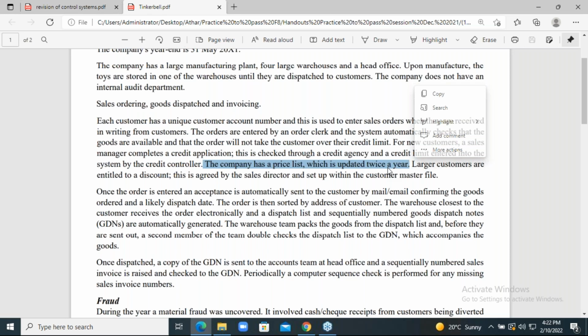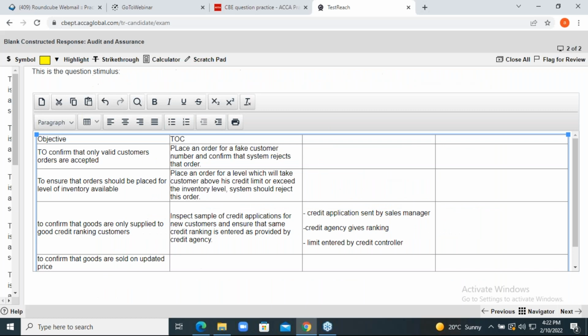If the same price is used, then we can say that the system of the organization is strong, and if the old price is charged to that customer, this means that the system is not working effectively. So how can we write this test of control?